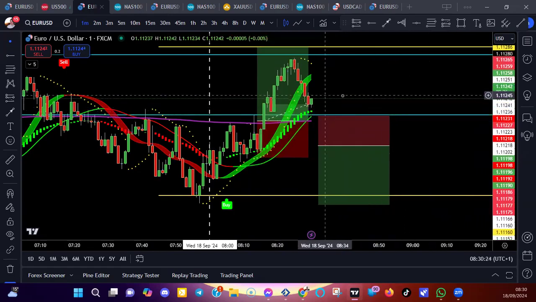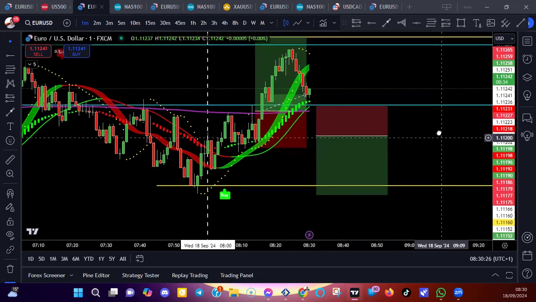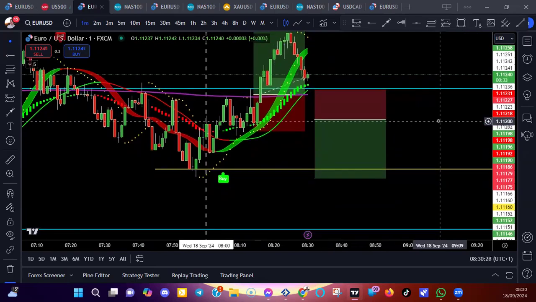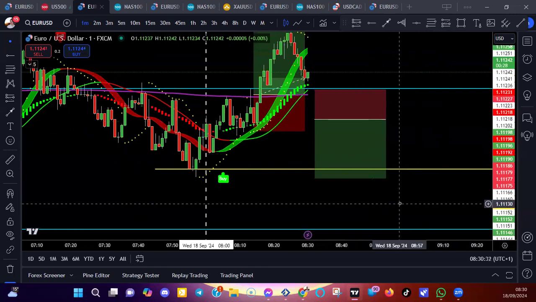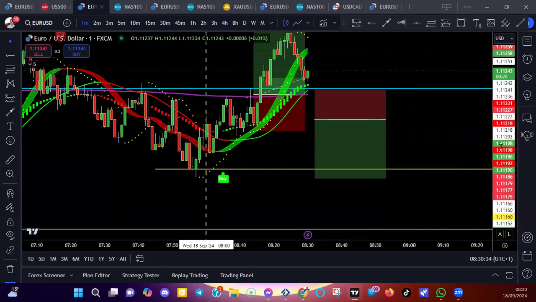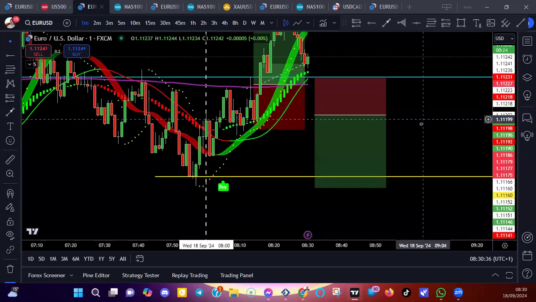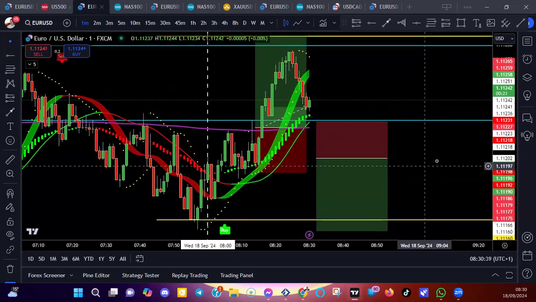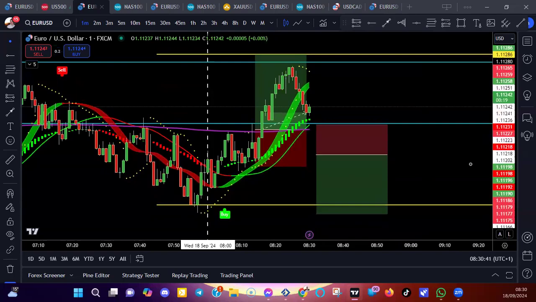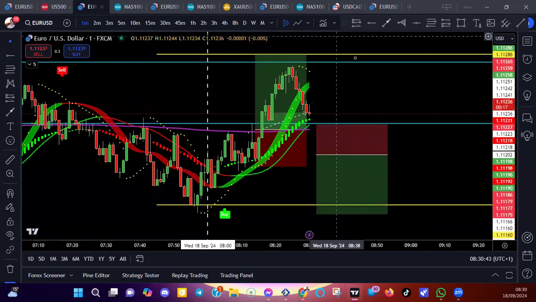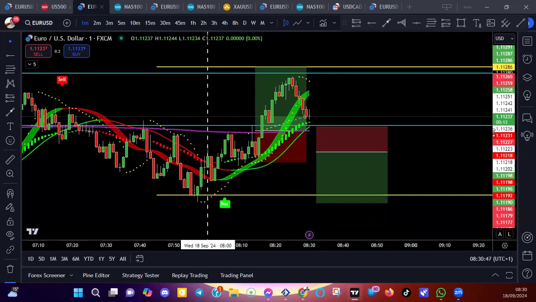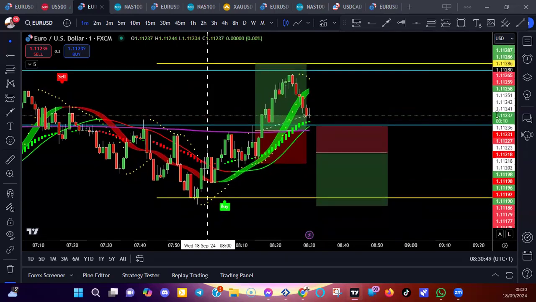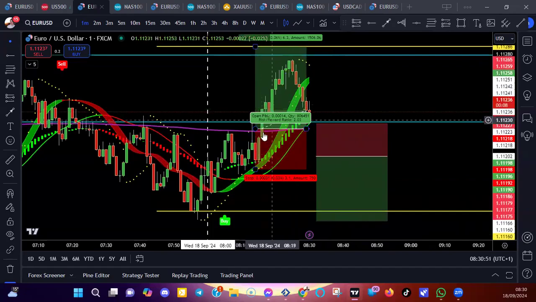So we're going into more either accumulation mode or indeed we will be going for a sell. At the same time, I have seen these things turn around and go back up again. But the main thing to take away from that trade is protecting your equity.